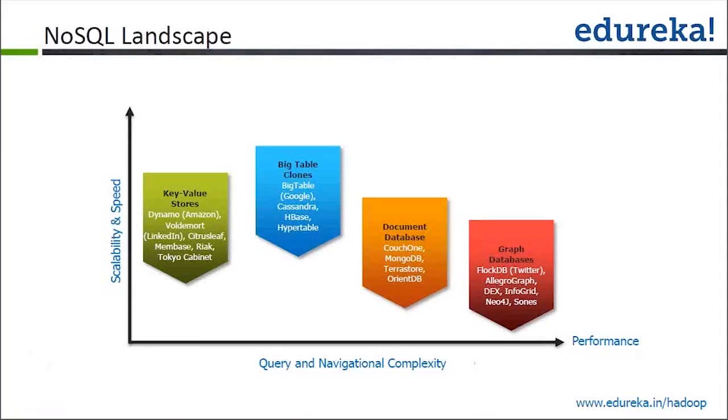Similarly, you have Voldemort. That's used by LinkedIn, and it's again a key value store. And if you guys are Harry Potter fans, you must be able to relate it with the famous villain in that, right? That's the name it has, and it's used at LinkedIn. Then you have Riak and Tokyo Cabinet. They are again influenced somewhere by the Amazon Dynamo paper.